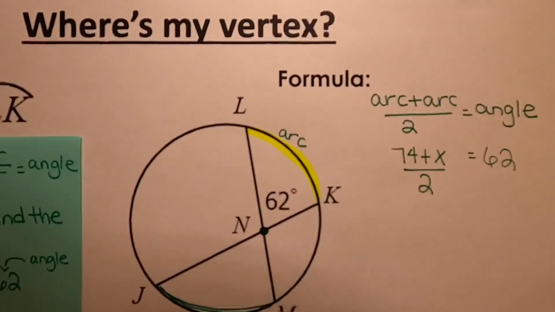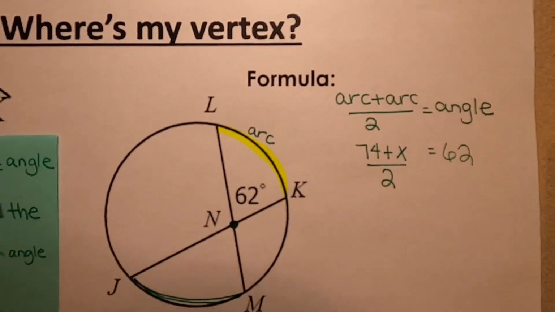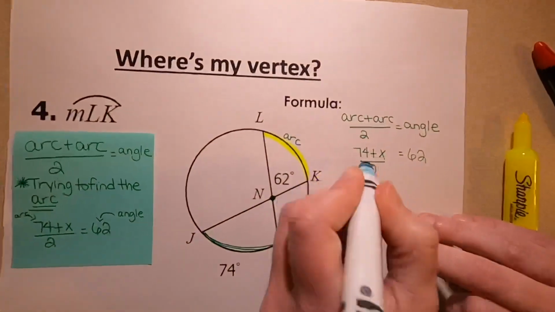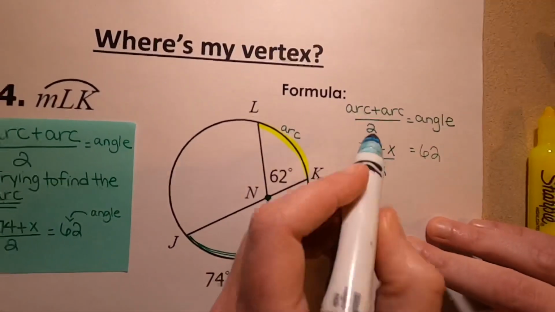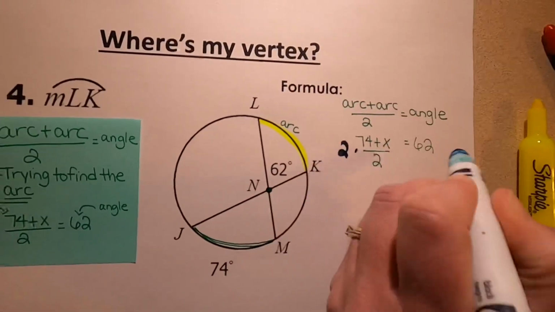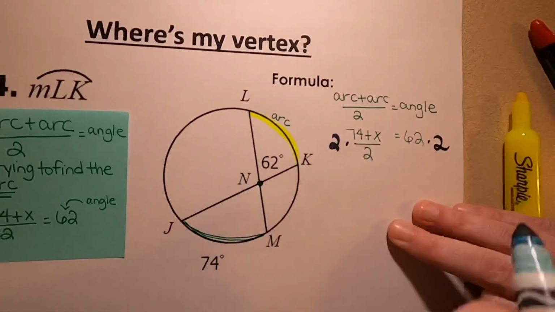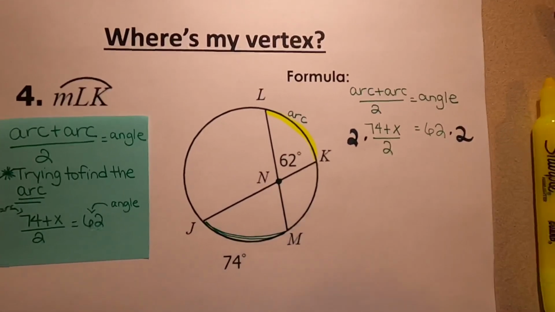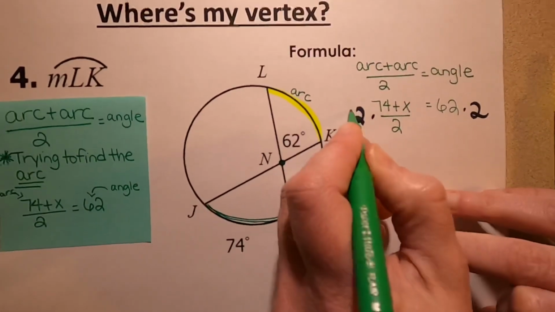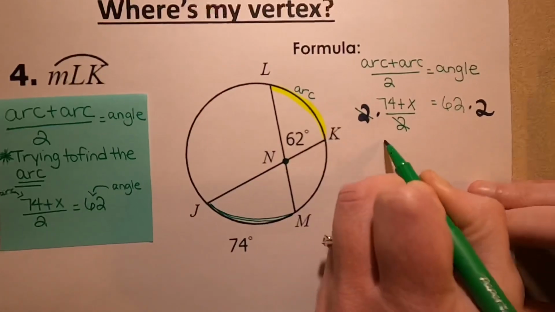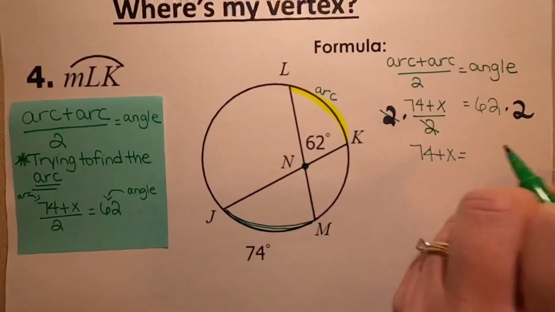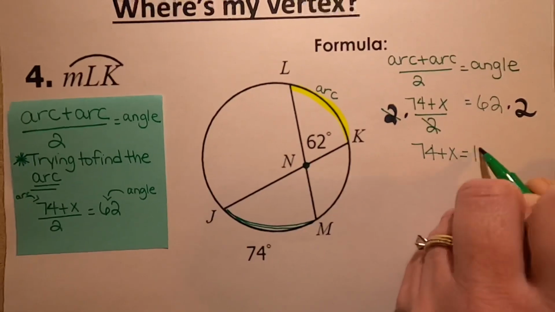Now, this involves a simple way of solving it. So here you would do a little, let's get rid of the fraction here. So we're going to multiply each side by 2. And what that does is it cancels out our fraction in this 2 here. So we're canceling that out and we're getting 74 plus x is equal to 124.